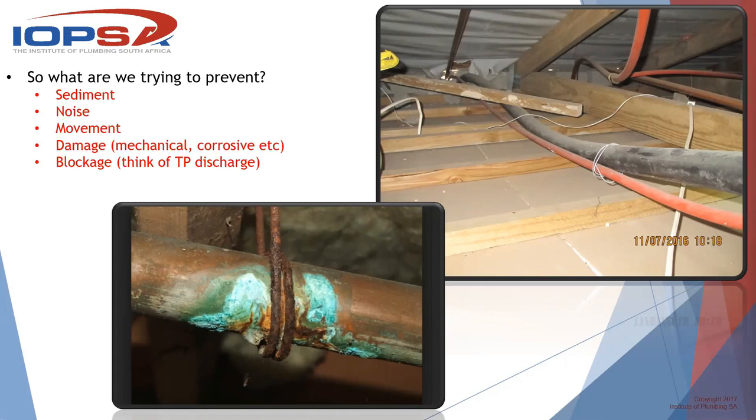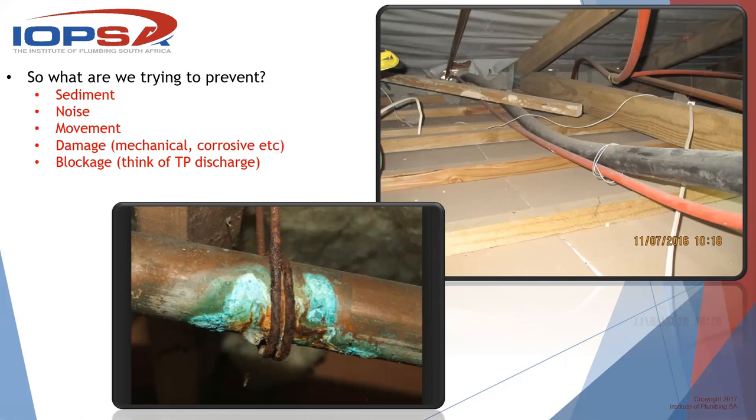TP discharges, think about a blockage of a TP discharge. If that thing's going uphill, or you don't have enough supports, and it's a serious bow, and the TP discharge is in fact open on the outside, it's a perfect little hole for insects to get into.